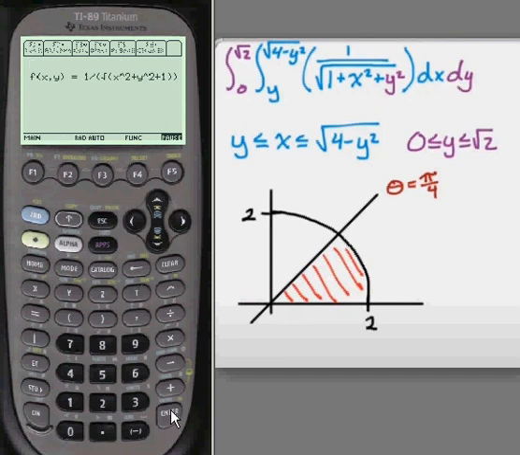Now I've already done that to save time and to make sure that the simulator doesn't screw up, because it's so small here and you're pressing these buttons with the cursor. So I've entered that. I always give you a chance to change it. I say it's okay. And we're going to change to polar. Now here I've changed it to polar. That's 1 over the square root of r squared plus 1, which I just talked about. We changed x squared plus y squared to r squared, right? So there it is there.